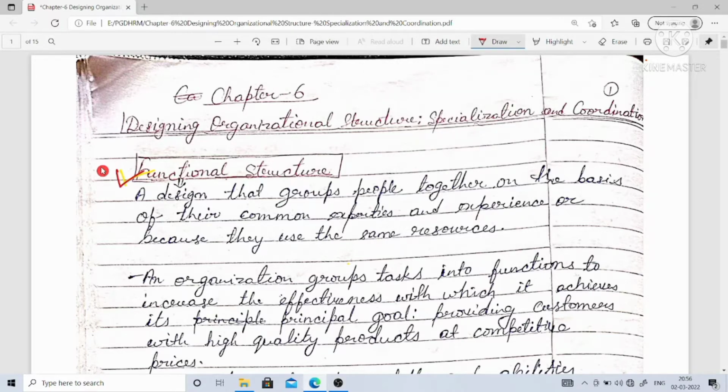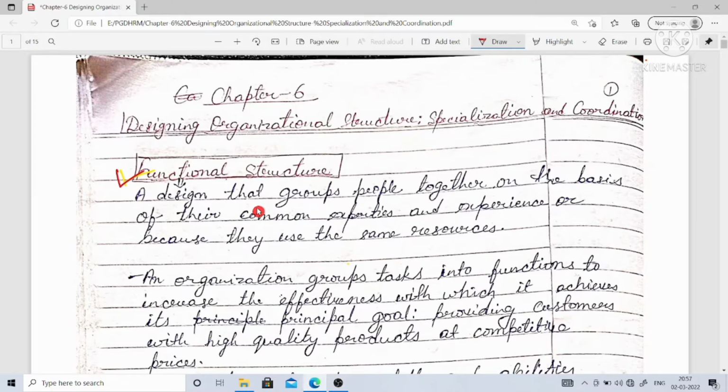So first, functional structure is given. What is functional structure? As you can see on your screen, it is a design that groups people together on the basis of their common expertise and experience, or because they use the same resources.